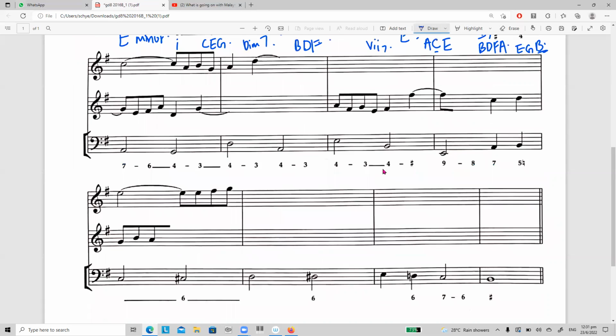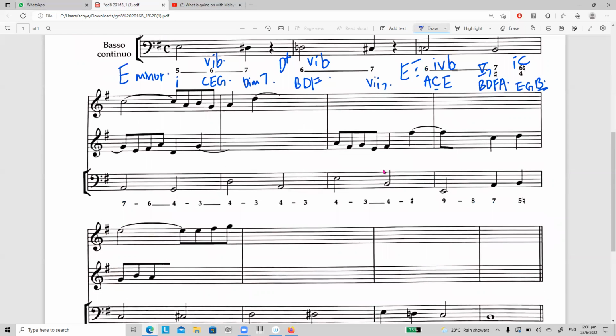Second line, you start to see a lot of suspension. All these short hyphens are referring to suspension. The numbers that you see in the suspension actually don't belong to the harmony.